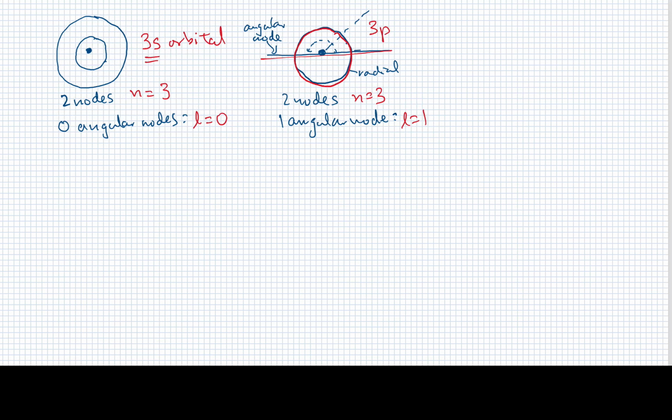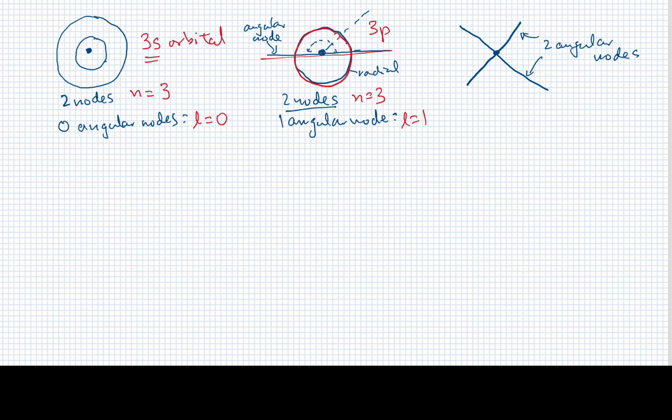Okay, lastly, although there's many more I could draw, I'll only draw one more. Let's suppose that I have a nodal surface that looks like this in the cross section. And I haven't drawn that very well, but I hope you can appreciate that what I've drawn here are essentially 2 angular nodes. And there are no radial nodes. So I still have 2 nodes total.